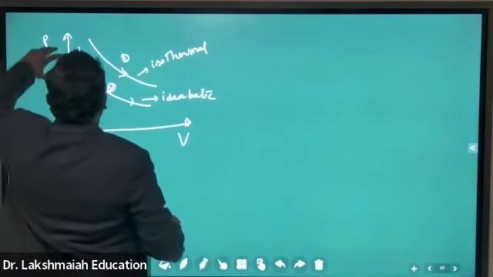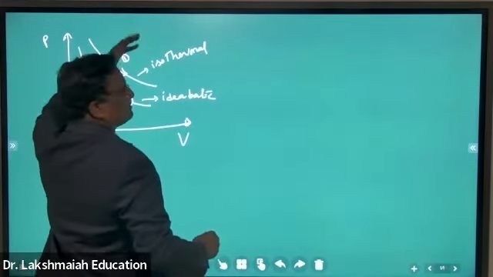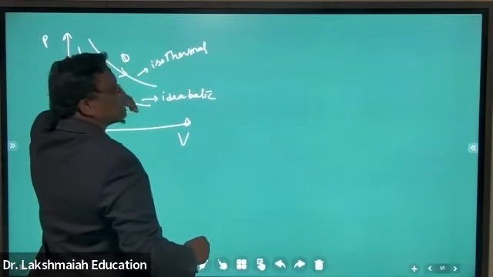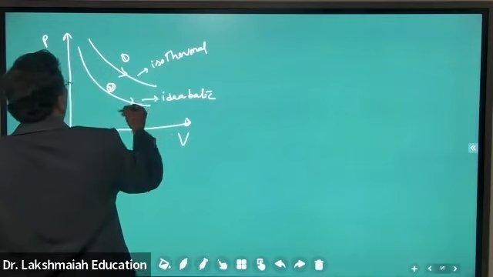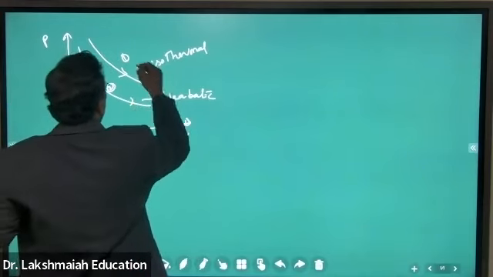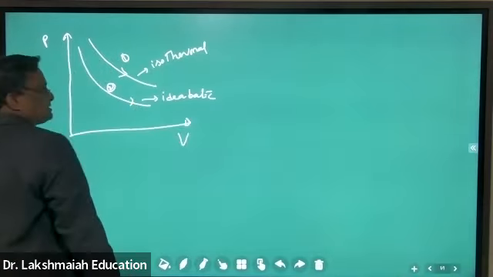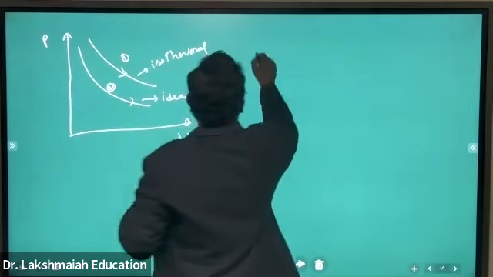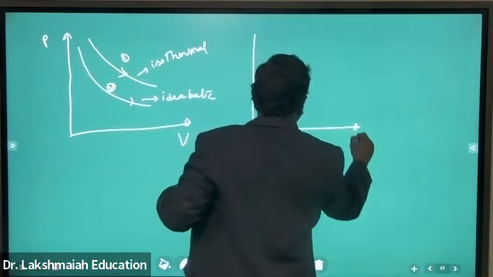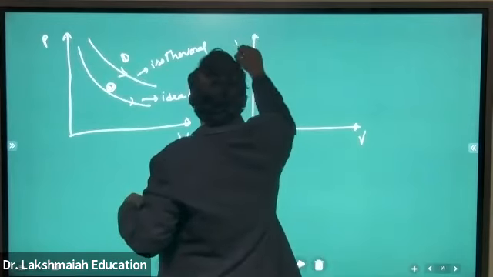When the piston is moving away, work done is positive. Work done is positive means this is isothermal and this is adiabatic. It is a reversible process. In the reversible process, they will give volume and pressure.